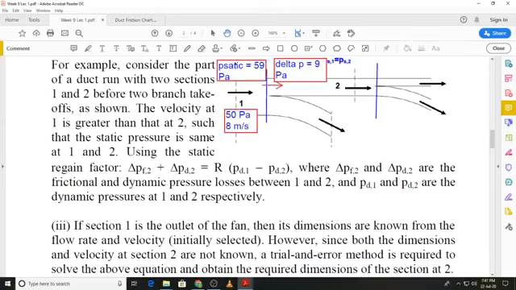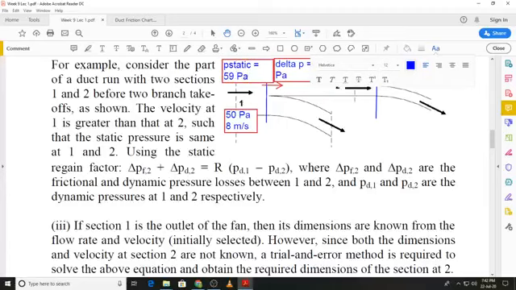And as soon as you move into this region where we have reduced the velocity, the static pressure becomes 59 pascals when the velocity becomes equal to 7 meters per second.